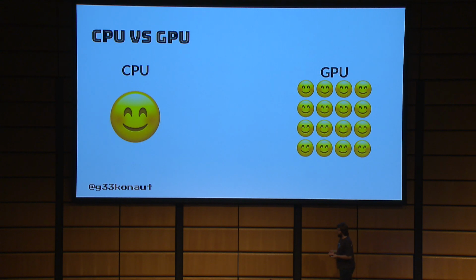So the CPU is basically one big smart thing, a smart little emoji going, hi, how are you doing today? Having a good time? Maybe your phone has 4 or 8 of them. The GPU, on the other hand, has smaller blobs, smaller brains, smaller processors, but lots of them.